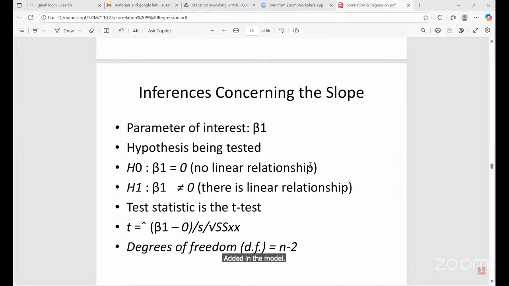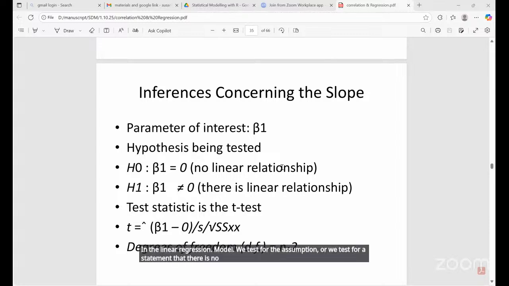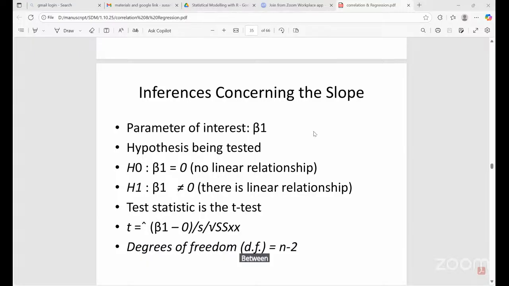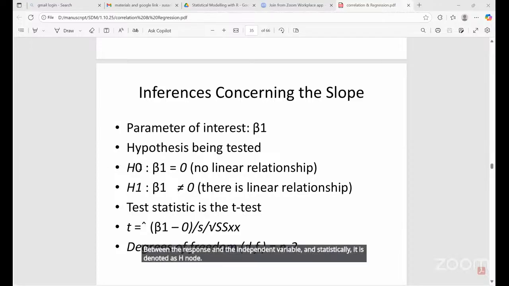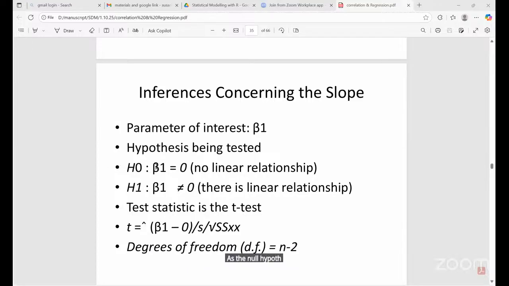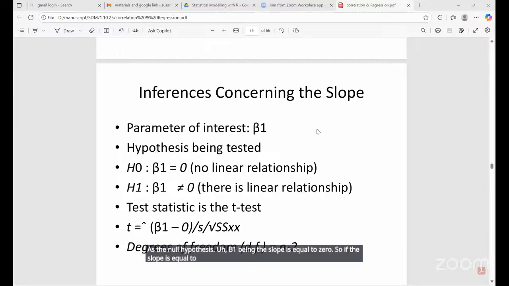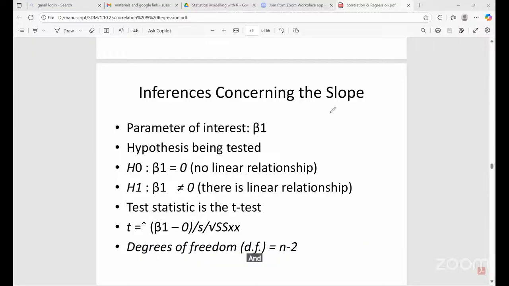In the linear regression model, we test for the statement that there is no linear relationship between the response and the independent variable, and statistically it is denoted as H0, the null hypothesis, B1, being the slope, is equal to 0. So if the slope is equal to 0, we'll have a straight horizontal line relationship. And that relationship looks like this.